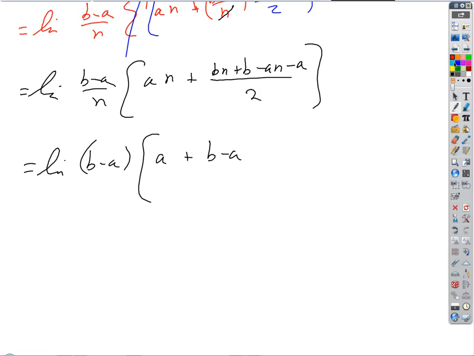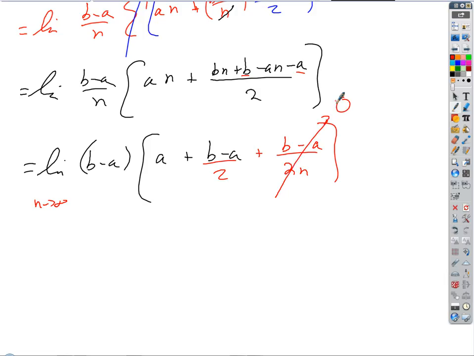And then these guys right here, I'm going to get plus (b minus a) over 2n, right? Now if I take my limit, what happens? The last one's going to go to 0.